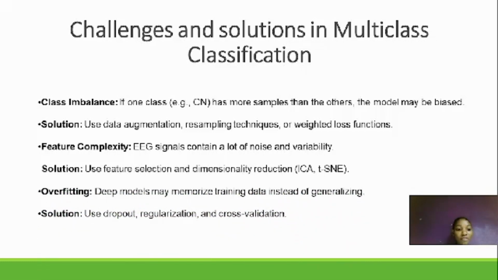And then overfitting. Because EEG data may have a lot of unnecessary information, the model may end up trying to memorize the training data instead of actually learning the patterns. A solution to that is using dropout. Here you randomly turn off some neurons so that the model can learn how to find its own pattern without following the path that you set for it.